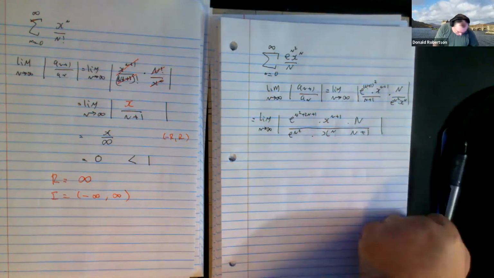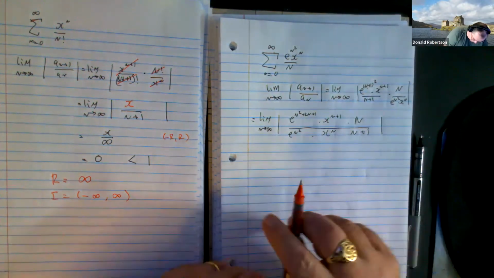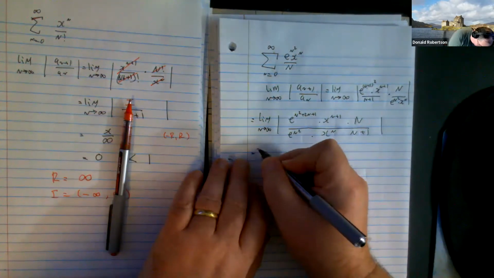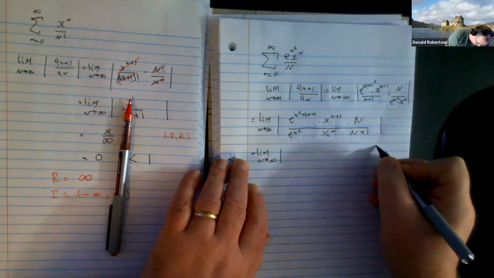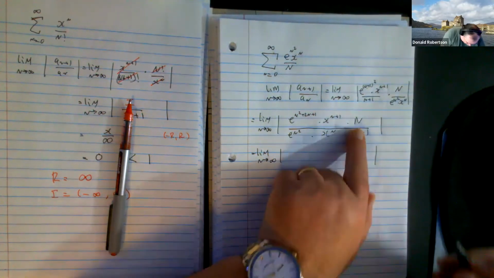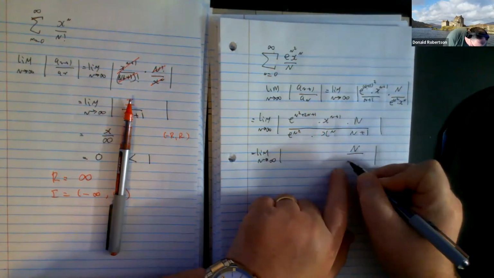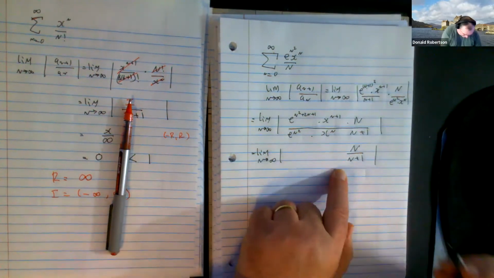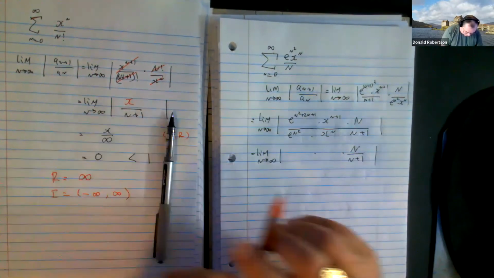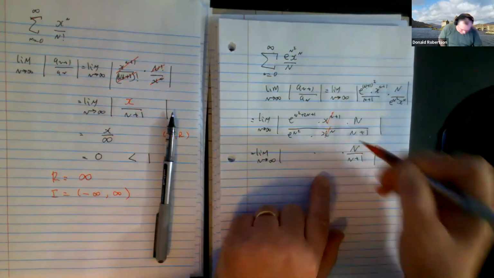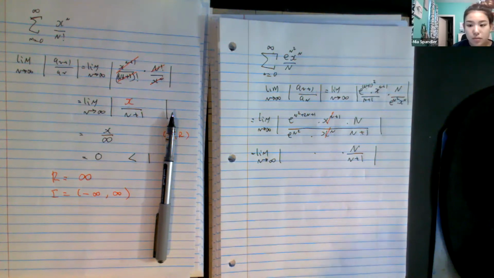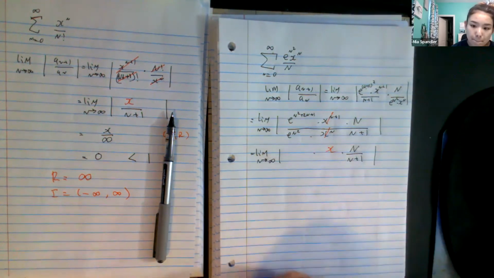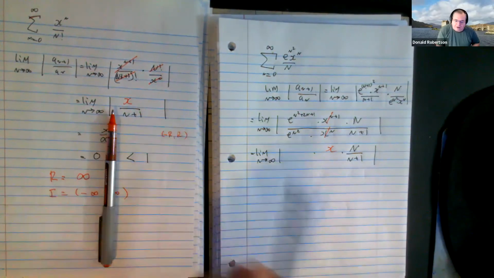Now, let's do some cancelling and see what happens. Can't really do much to that right now as far as cancelling goes, so I'll just leave it alone. What would this guy cancelling with that guy get? x on the top. Nothing special going on there.